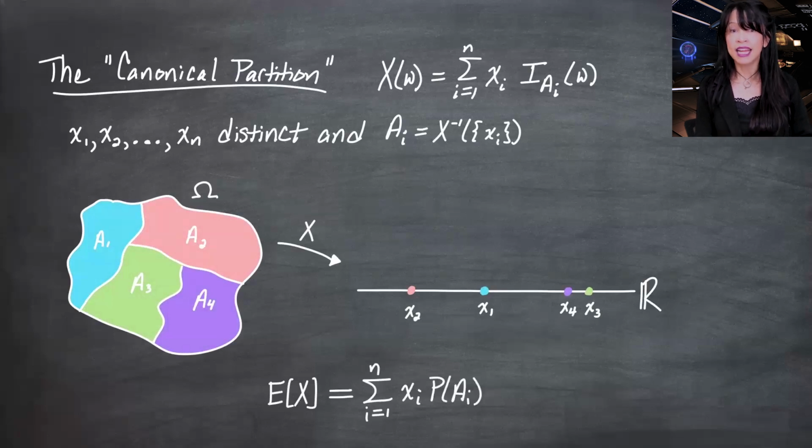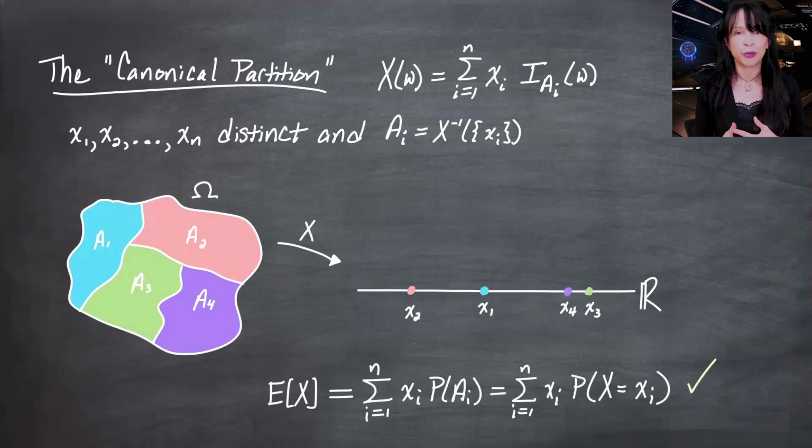But A sub i is the inverse image of this little x sub i over here. So this is identical to the sum as i goes from 1 to n, or 4, of xi times the probability that the random variable X equals xi.